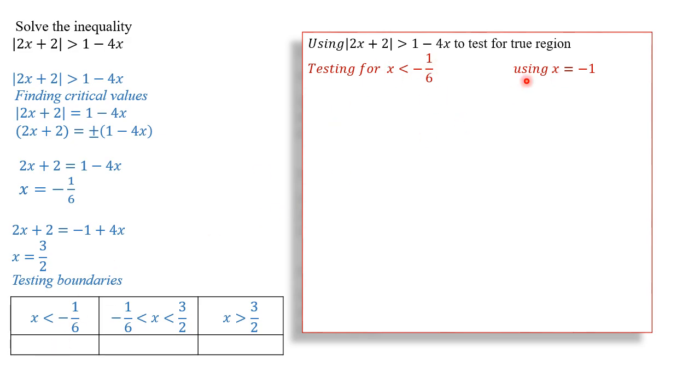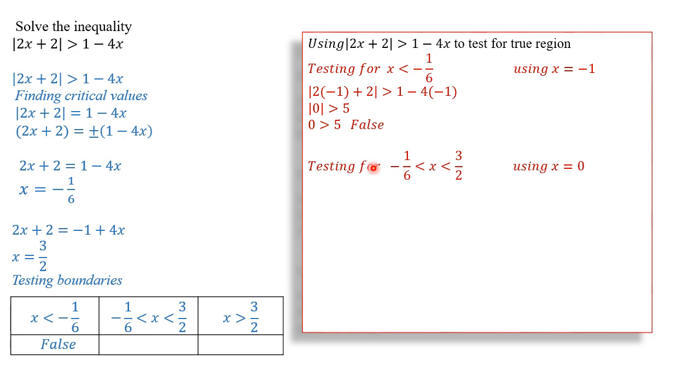We need any number less than minus 1 over 6, so we use x equals minus 1. Putting minus 1 in, we get modulus of 0 greater than 5, which means 0 is greater than 5. That is a false statement, which makes this region false.